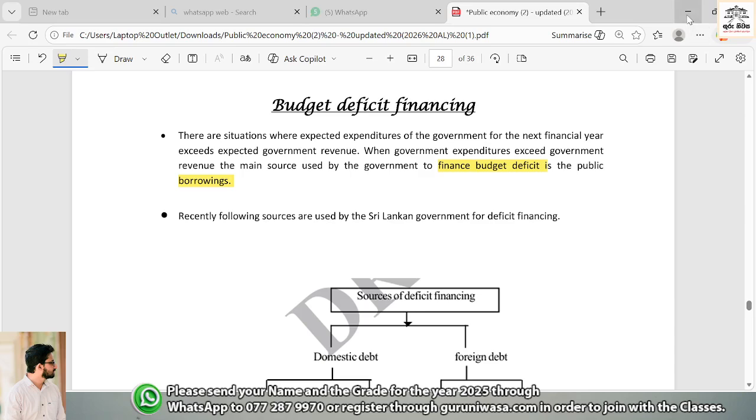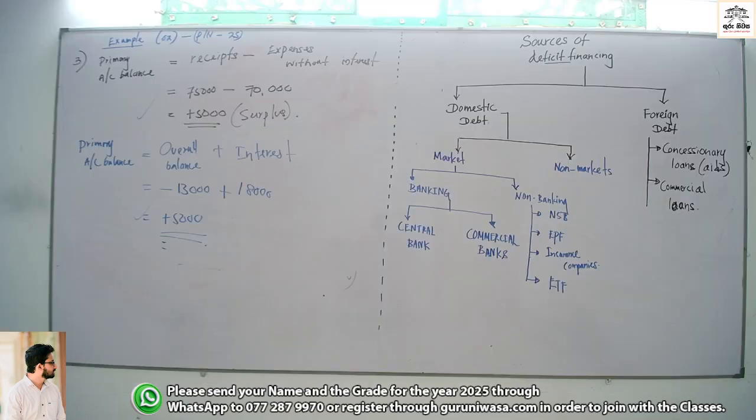If there's a budget surplus, where income exceeds expenditure, what should we do with that? But remember, developed countries sometimes create and experience budget surpluses. Yes, it's good to have a budget surplus.